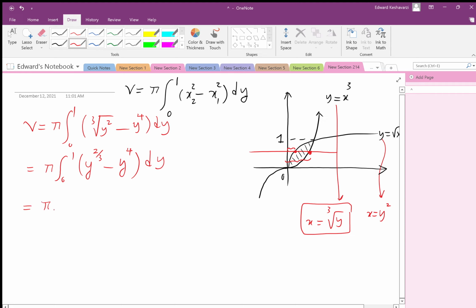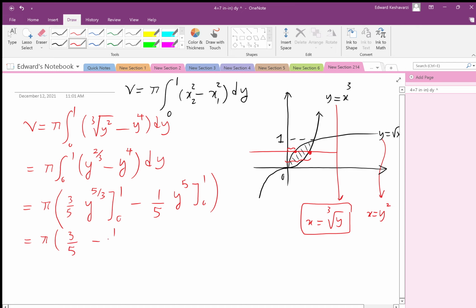Integral of y to the power of 2/3 is, 2/3 plus 1 is 5/3, and this one would be 1/5 y^5 from 0 to 1. So 3/5 minus 1/5, which is 2 pi over 5.